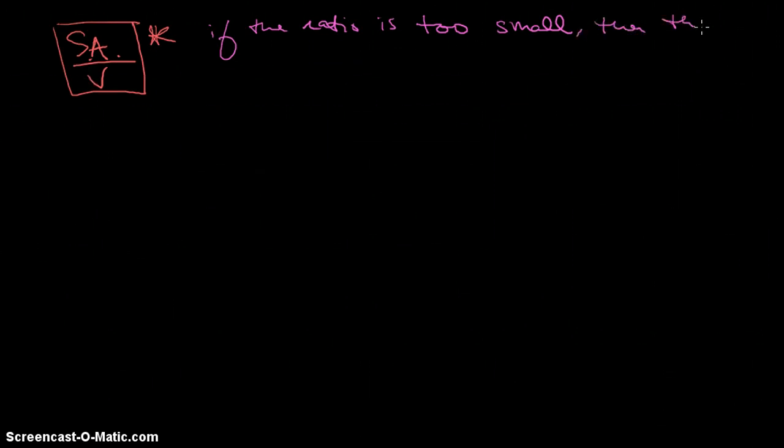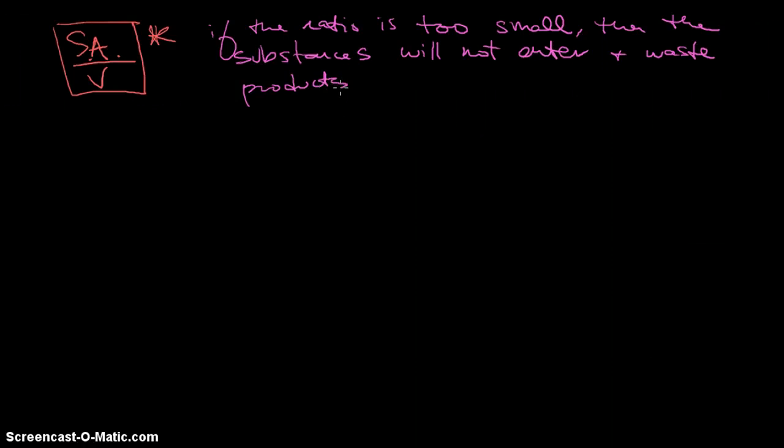Then the substances or the reactants will not enter because there's not enough surface area for them to do so, so they're not going to enter quickly, and the waste products will accumulate because they can't get out quickly.